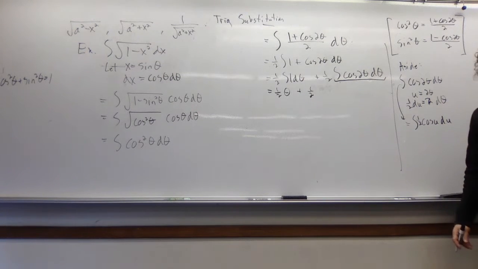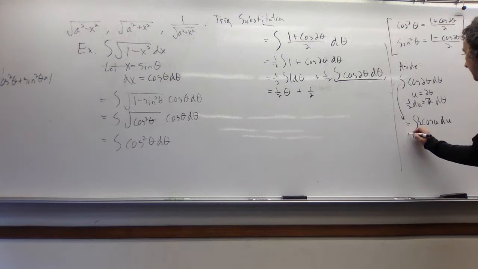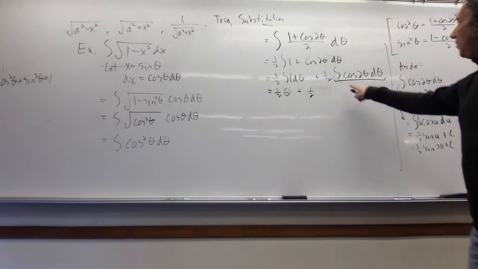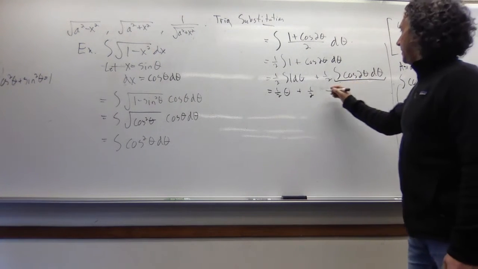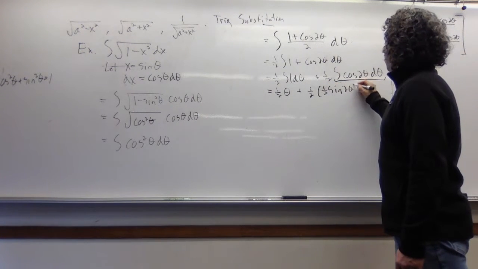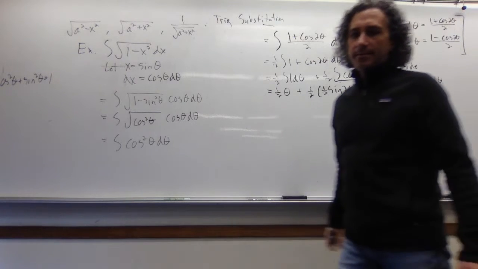So I need the 1/2 there. This is 1/2 sine of u plus c, or 1/2 sine of 2 theta plus c. So integrating this guy, I get 1/2 sine of 2 theta plus c.